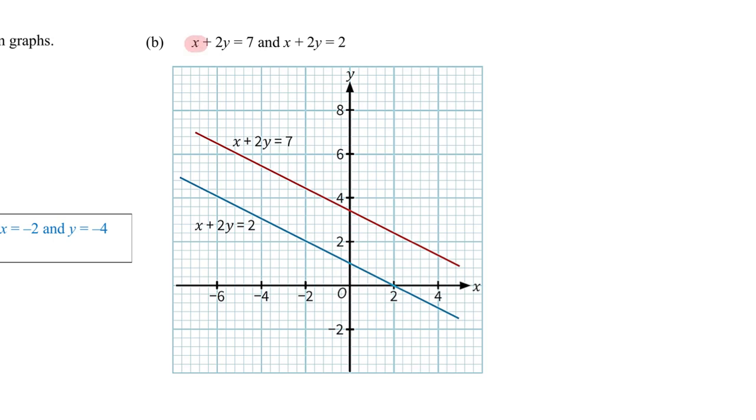So let's see for the red color equation or the graph, if I were to write it in the y equals mx plus c form, this is what you will get. Minus x on both sides and divide by 2 on both sides on all terms.